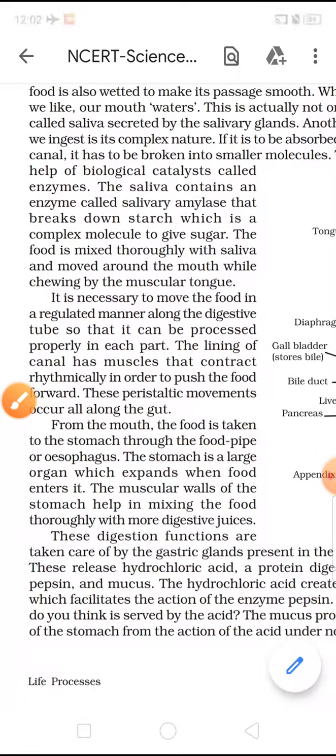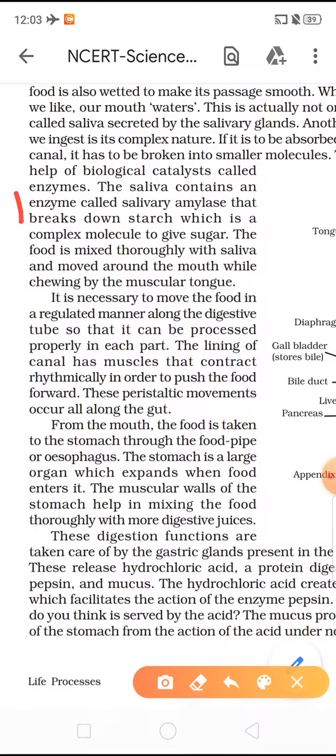Now let's move further. The saliva contains an enzyme called salivary amylase. Okay, this we did. What does the saliva contain? It contains an enzyme. What is that enzyme called? It is called salivary amylase.